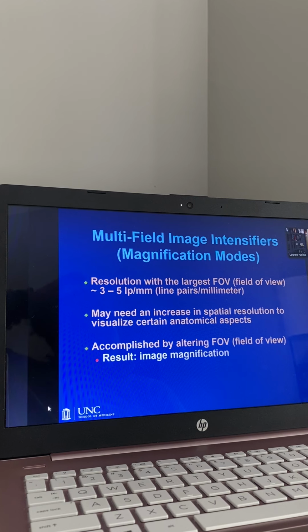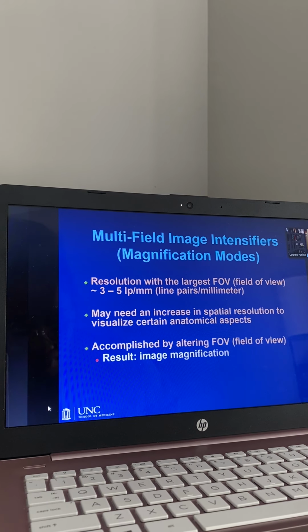It's not the same as what we talked about with spatial resolution, where increasing magnification makes spatial resolution worse, like when you increase the OID.